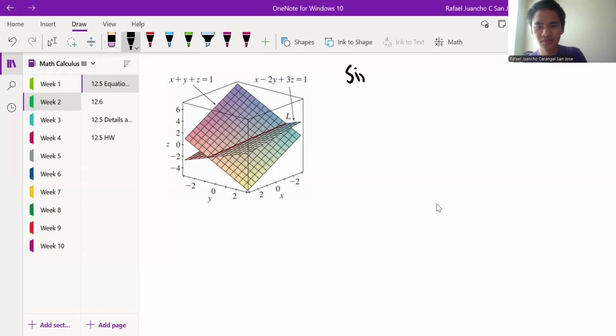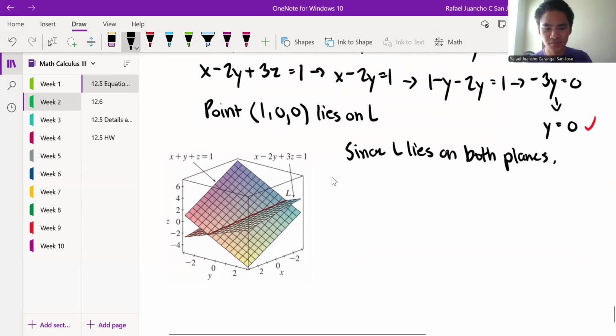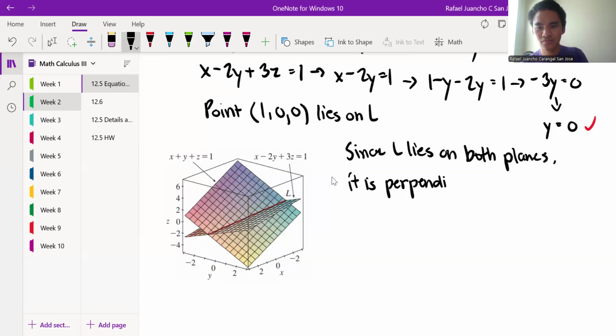I'm just going to write that out. Since L lies on both planes, it is perpendicular to both normal vectors.